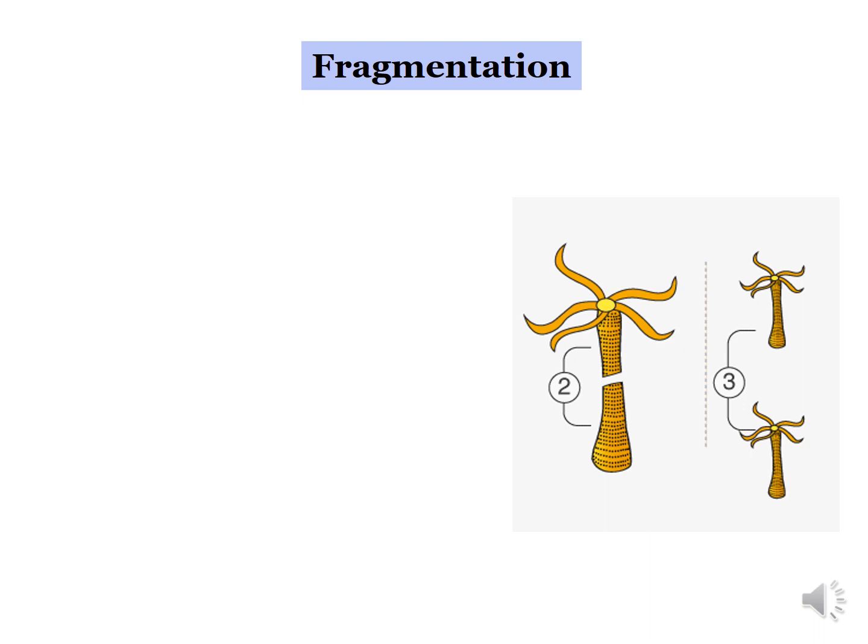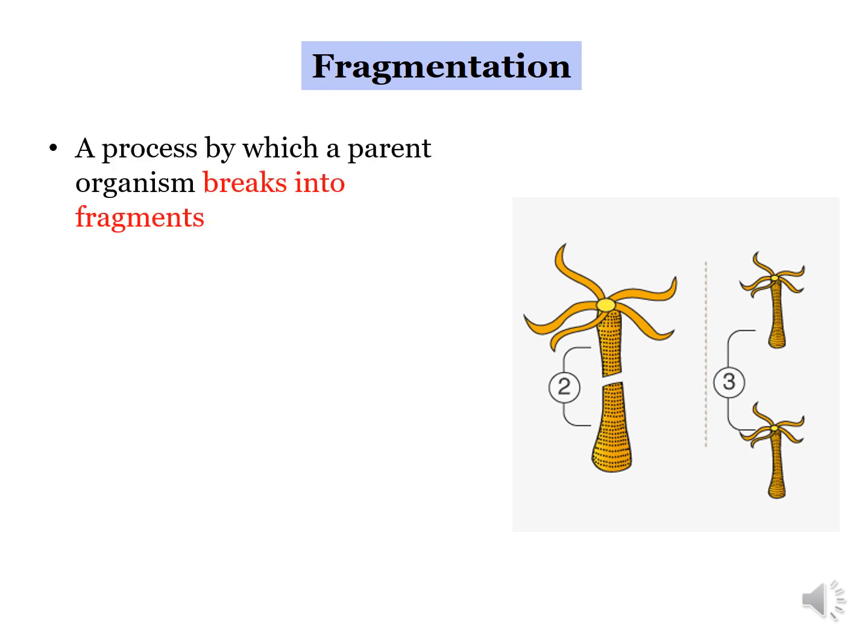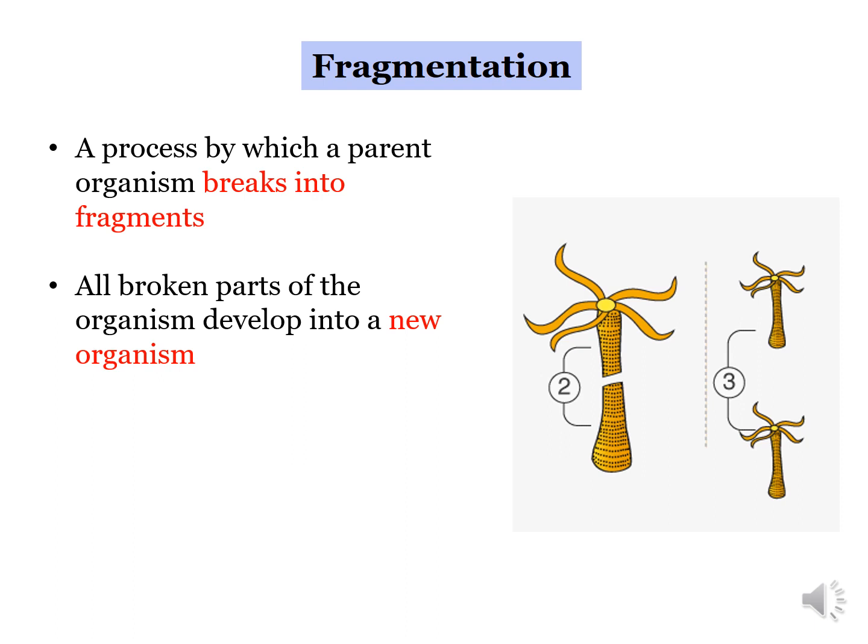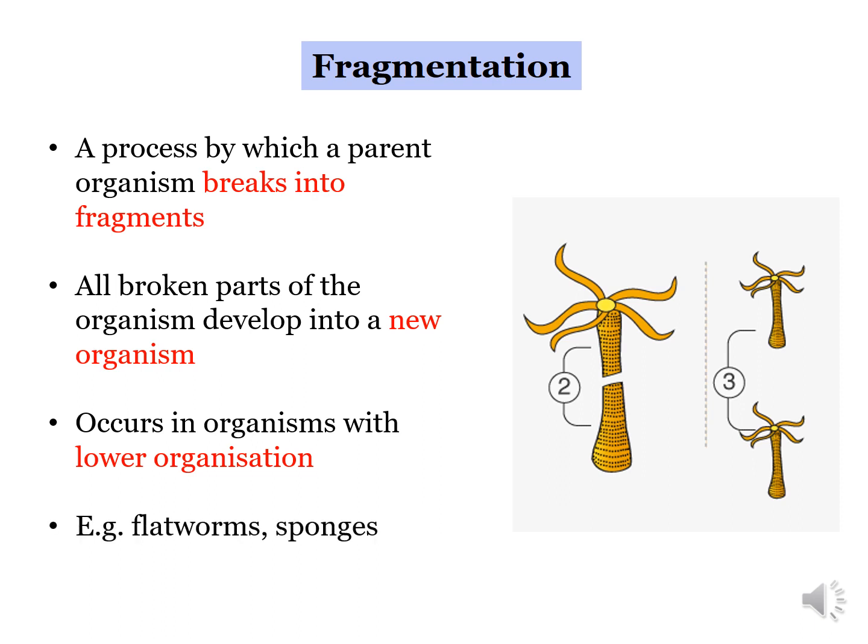Let's do a quick recap. In fragmentation, the parent organism is fragmented and all fragments develop to become new organisms. So, from one parent organism, it will result in more new organisms depending on how many fragments. This is usually observed for flatworms and sponges.